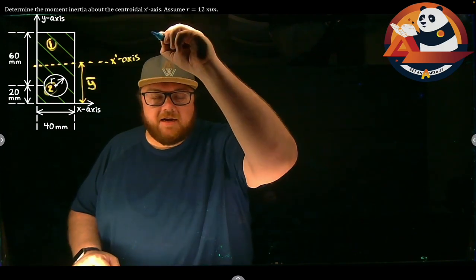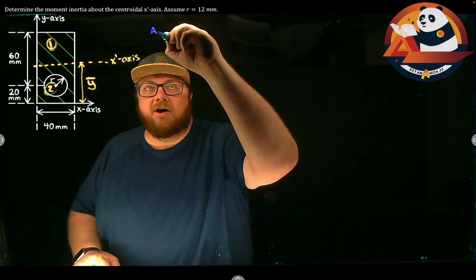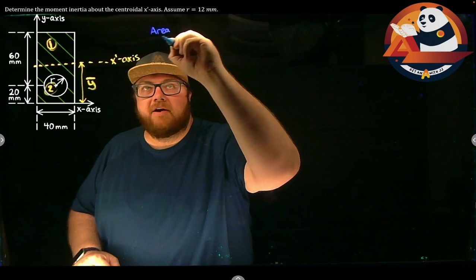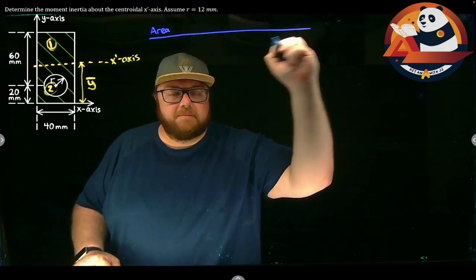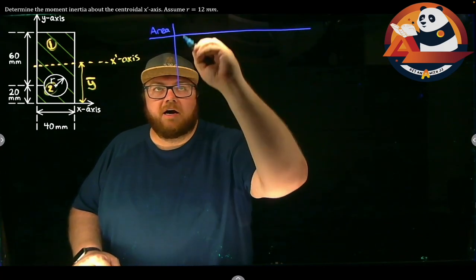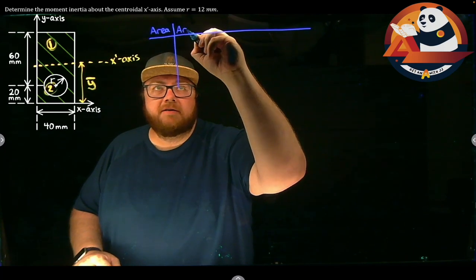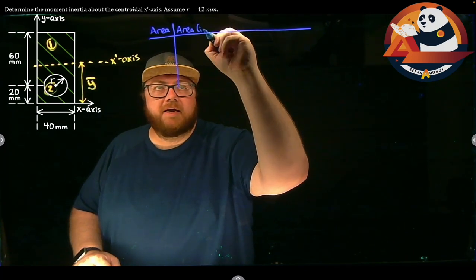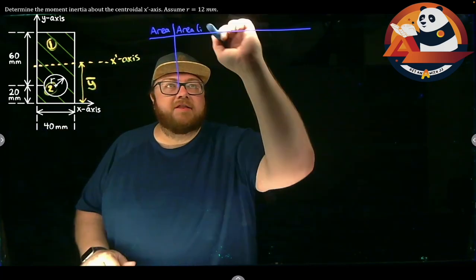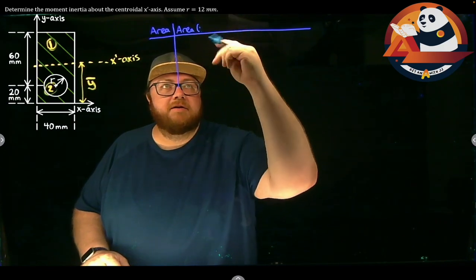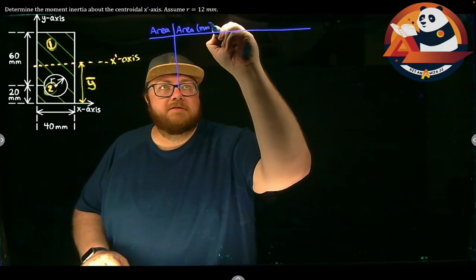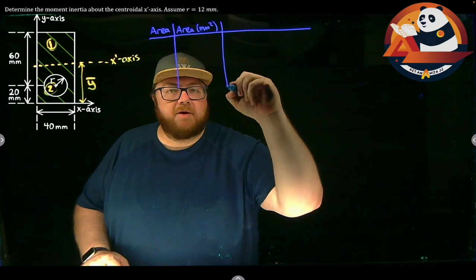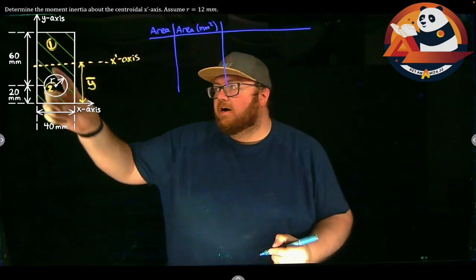For my table, I will make a column for the piece number. Then what's the actual area? We're in millimeters for everything, so that's millimeters squared. Then I'll need my y distance to the centroid of each piece.